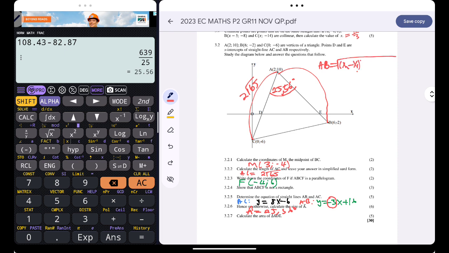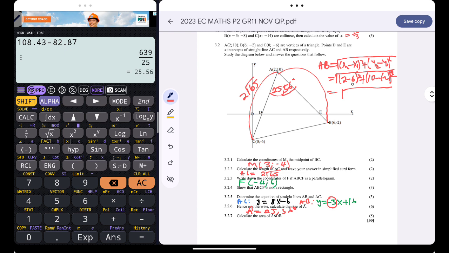X2 minus x1 all squared, y2 minus y1 all squared, right? So I'll simply say 10 minus 6 all squared plus, why am I saying 10 minus 6? Because it's the x value at A minus the x value at B all squared, the y value at A minus the one at B all squared.